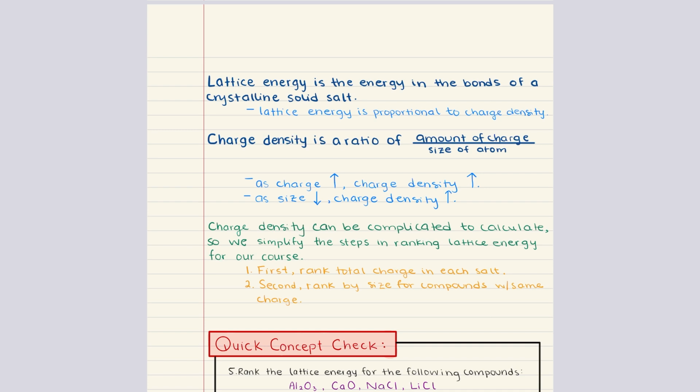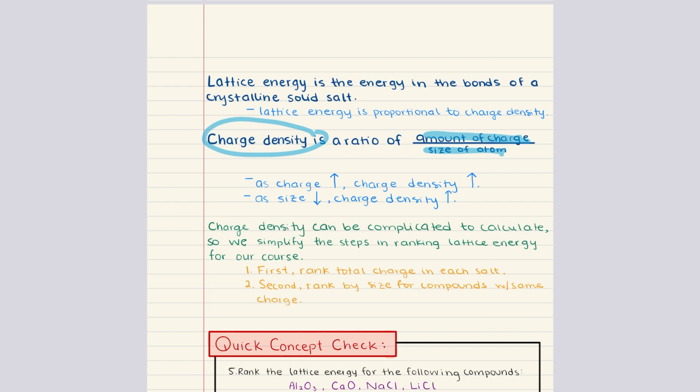The greater the lattice energy, the stronger the ionic bonds, meaning the compound is more stable and has a higher melting point. A key factor that influences lattice energy is charge density, and this describes how much charge is packed into a given space. In fact, charge density is equal to the amount of charge divided by the size of the atom.